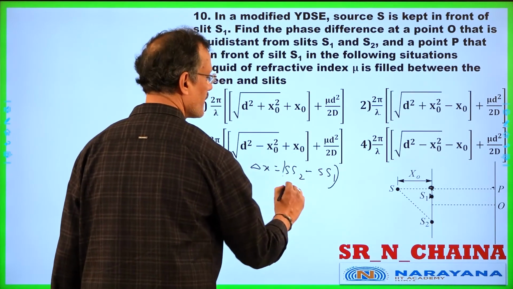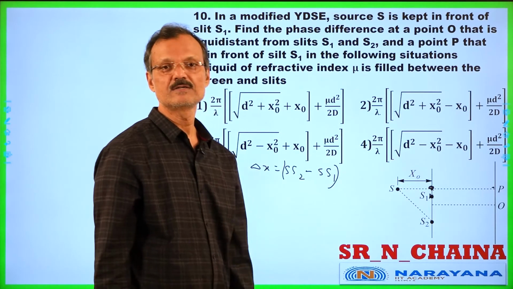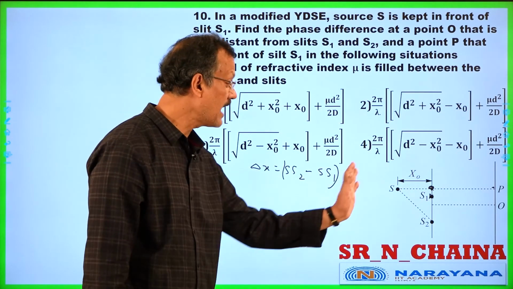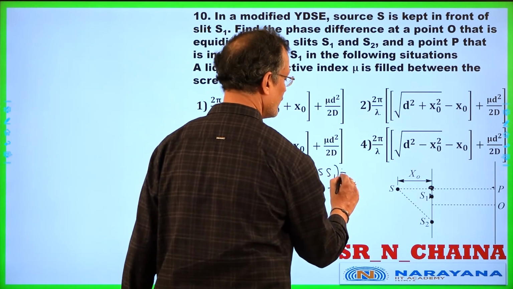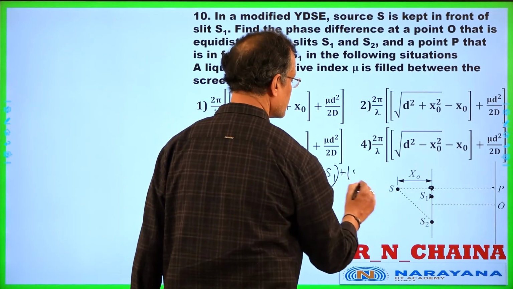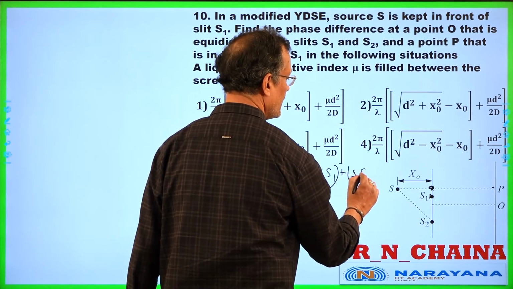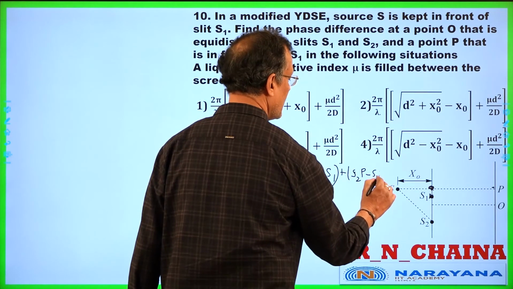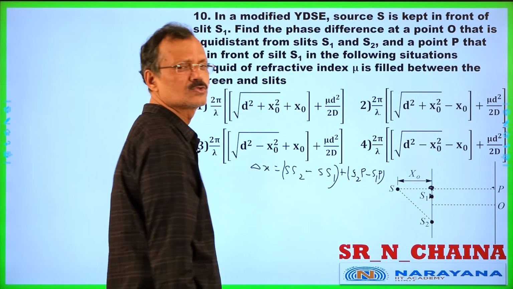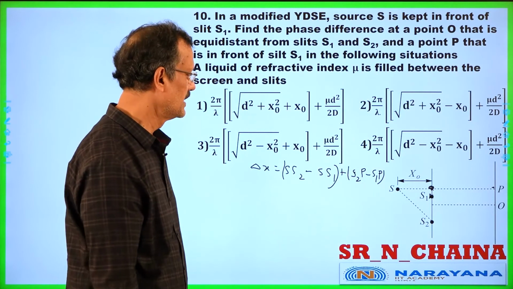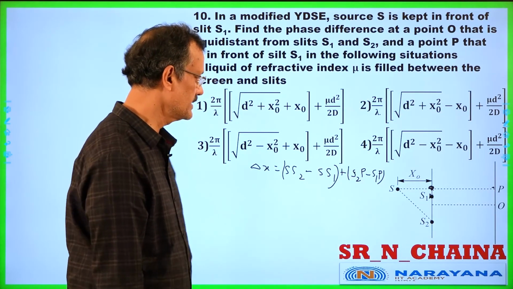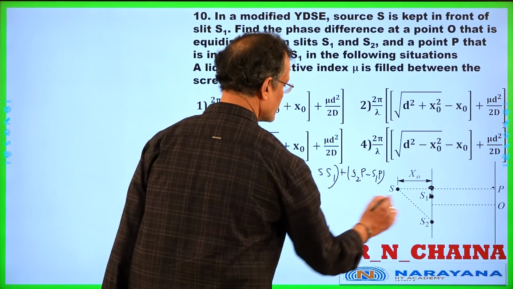This is before the two slits. And after the slits, it will be S2P minus S1P. This one you have found so many times. But anyhow, let us calculate this.